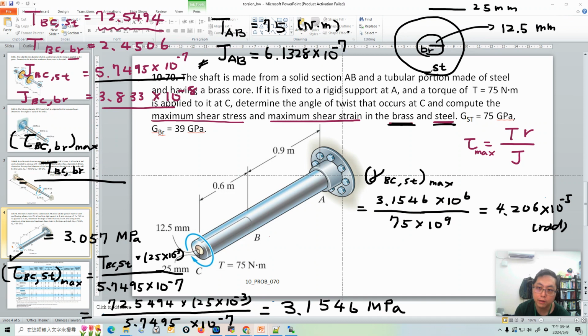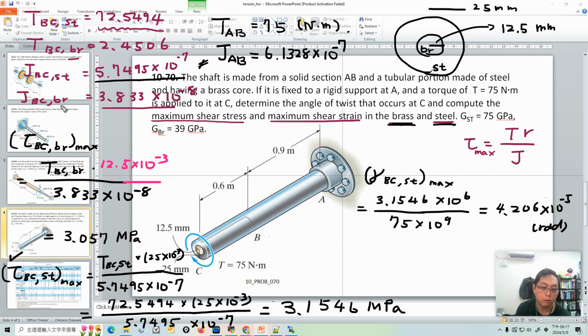Be careful, this is 12.5 millimeter. And what is the J for this brass part? J for brass is this value, 3.833 times 10 to the power minus 8.